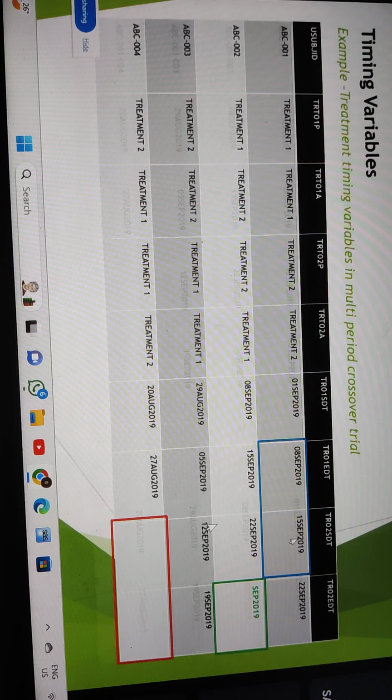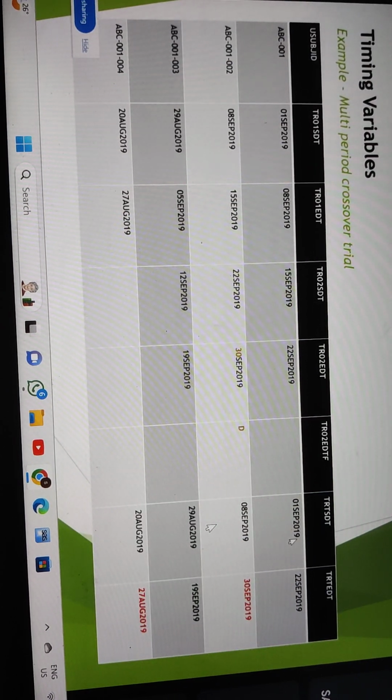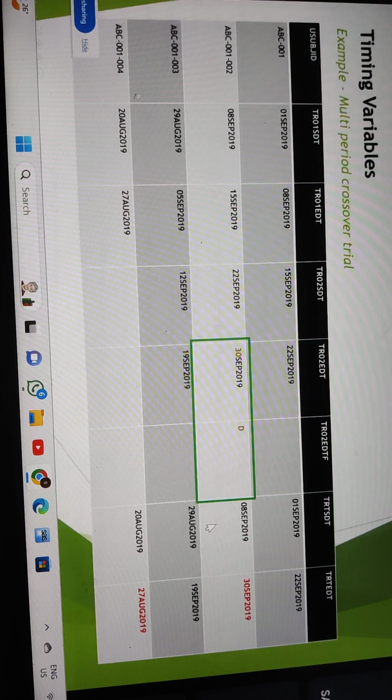Then in that case, what we are going to do is, for the same subject, for that particular date, previously it was September 2019, so now we have imputed it to the 30th. It is the end of the month. Why? Because this is the end date, so we have imputed the last date of that month.